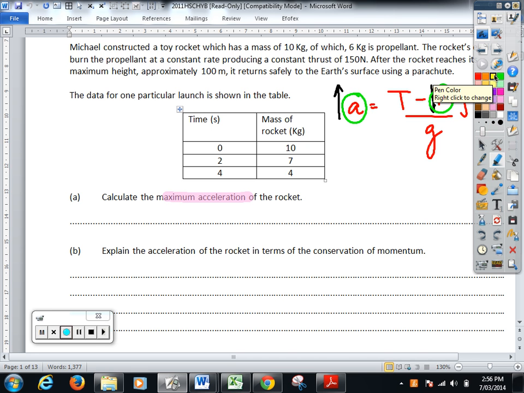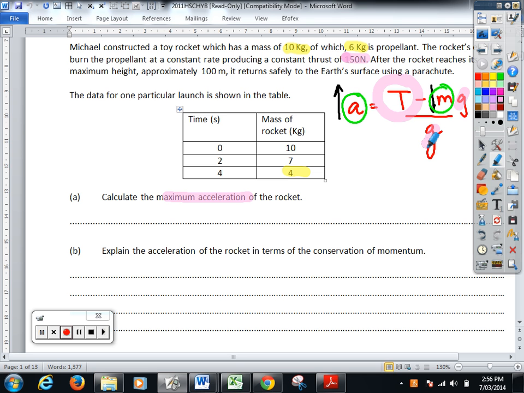We are told that the mass of the rocket starts at 10, and it is then reduced by 6. So the minimum mass of the rocket is 4. So we can now simply use the information from the question. The T here is the thrust of the rocket, which is 150 newtons. We know that g is 9.8 on the surface of the Earth.